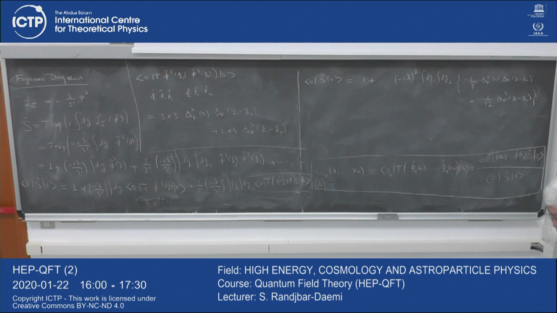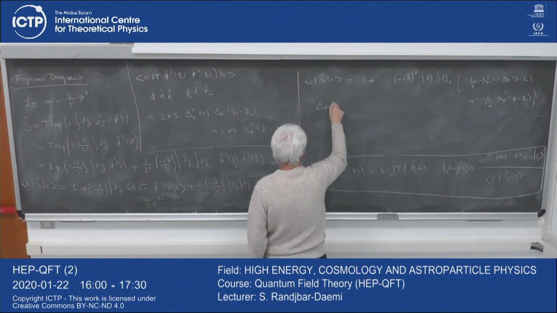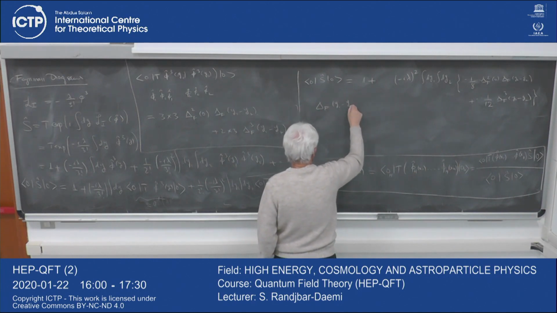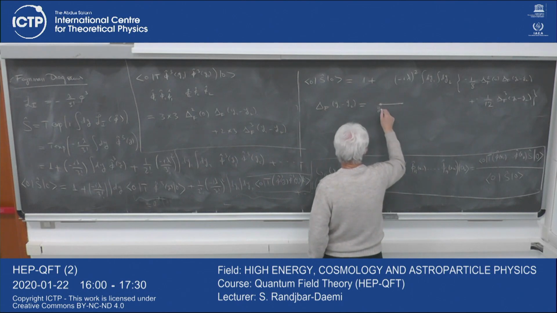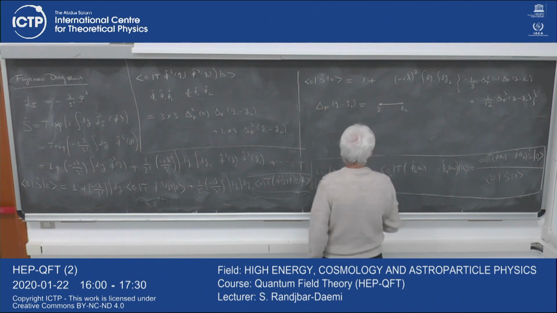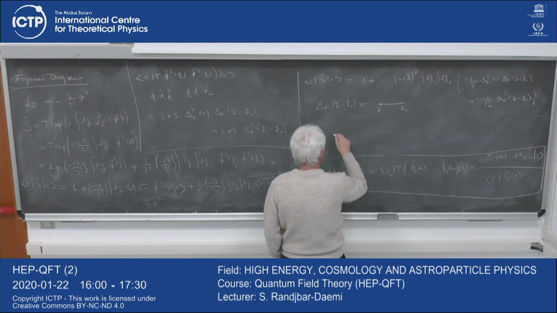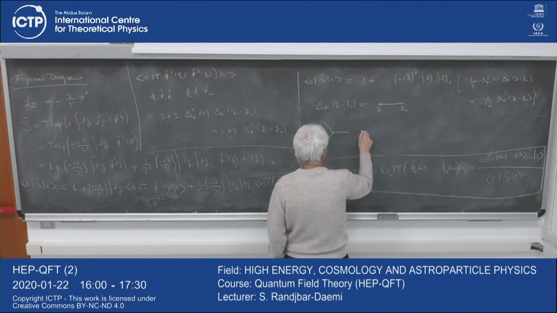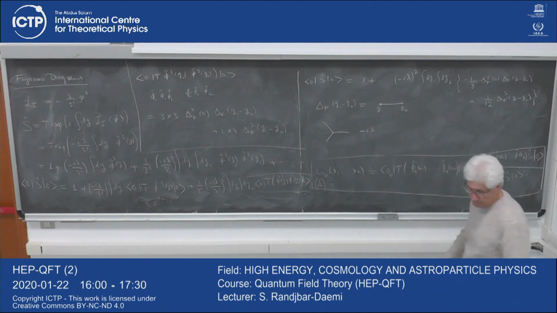So the way we represent them is with each delta Feynman y1 minus y2, we will associate a line going from point y1 to point y2, and then there will be a vertex which should be associated with minus I lambda.